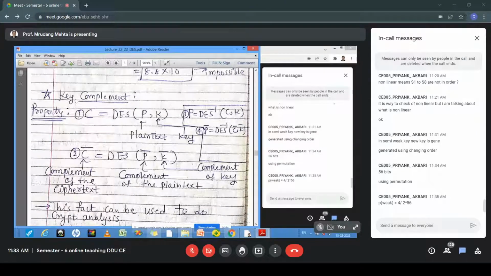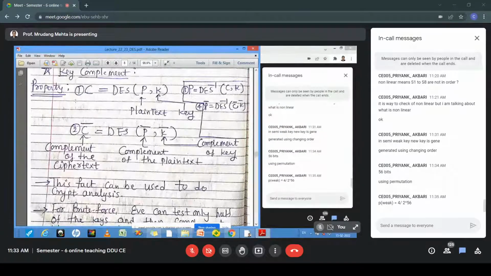So there is a concept of key complement. Let us understand this key complement. Key complement means this is the property that C equals DES(P, K). What is P? P is plain text, K is key. So if we apply DES on this plain text with key K, it generates ciphertext.